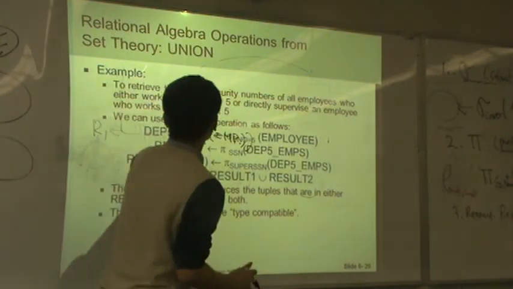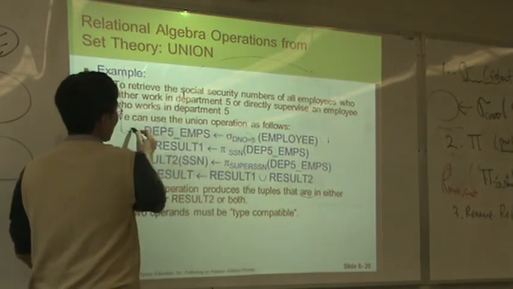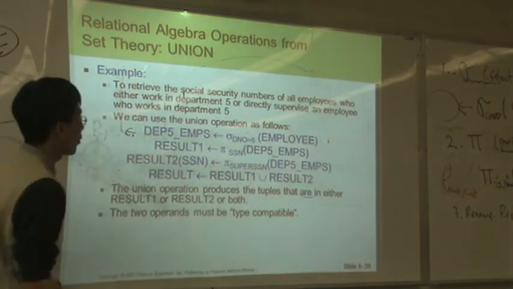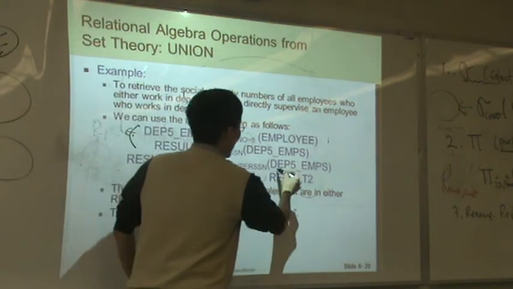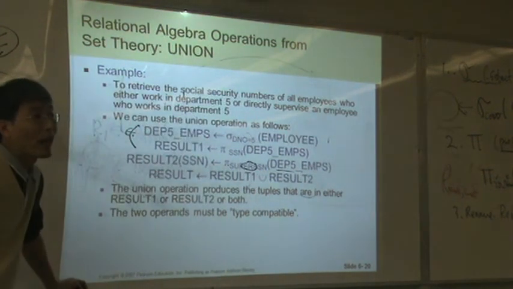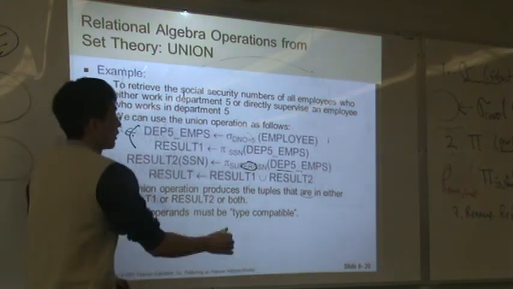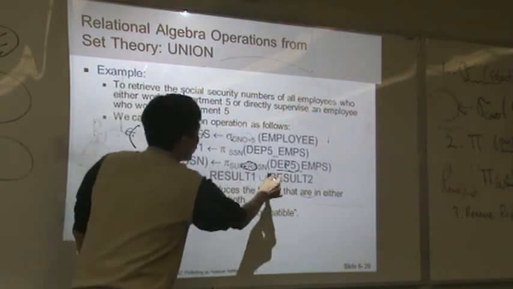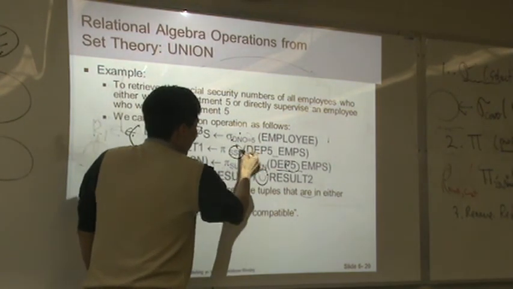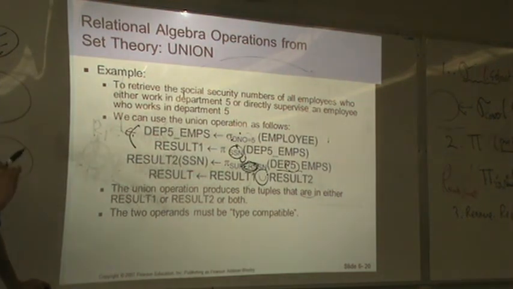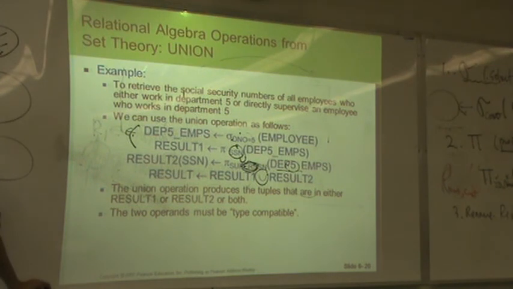This is the employee who works for department number 5, and also this is the department 5 employee's super SSN. We need to get the supervisor SSN from employees who work in department number 5. Then we can union SSN with super SSN.